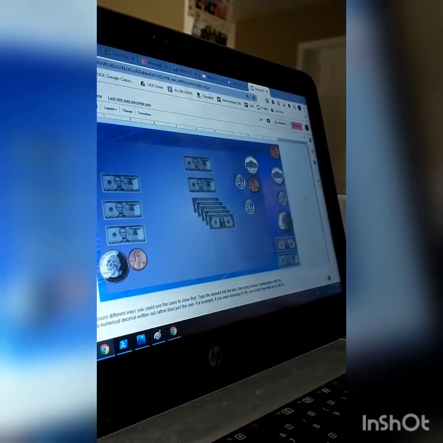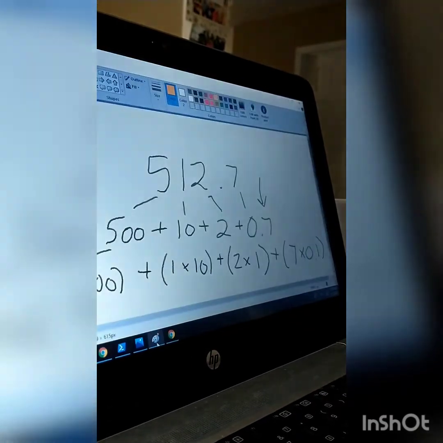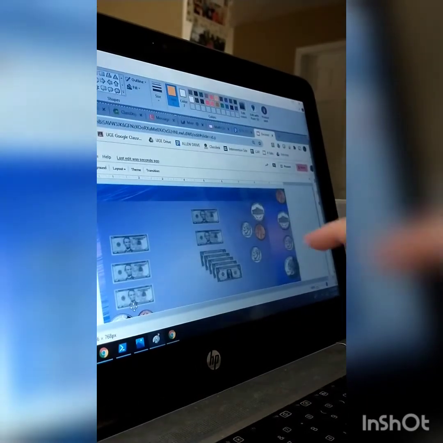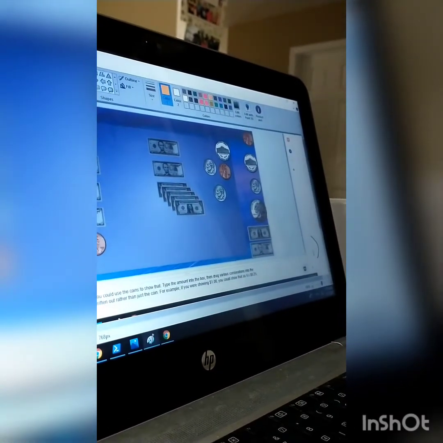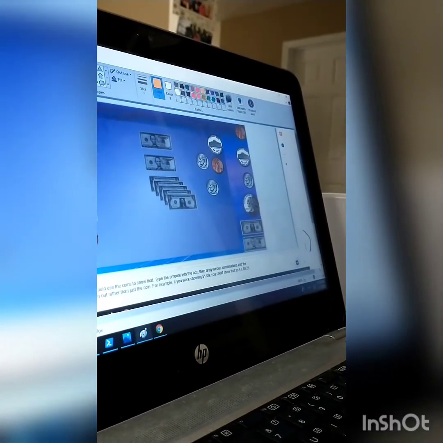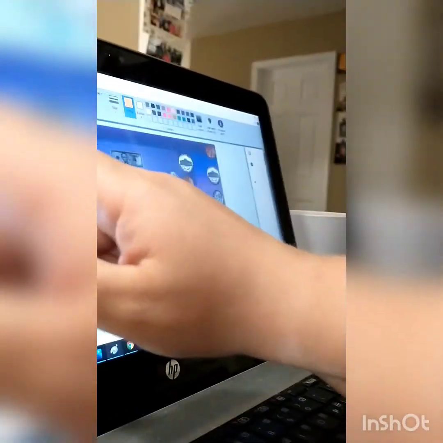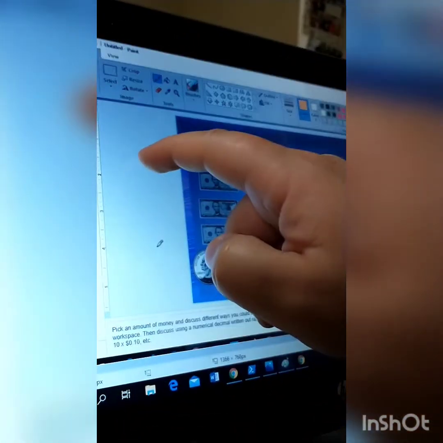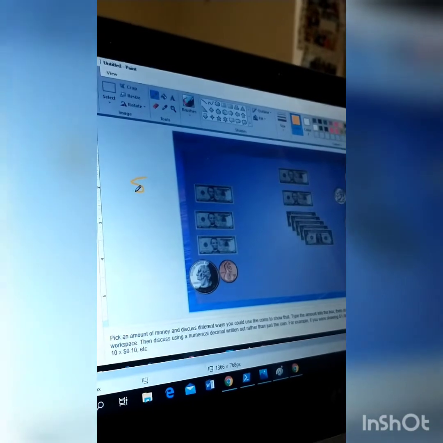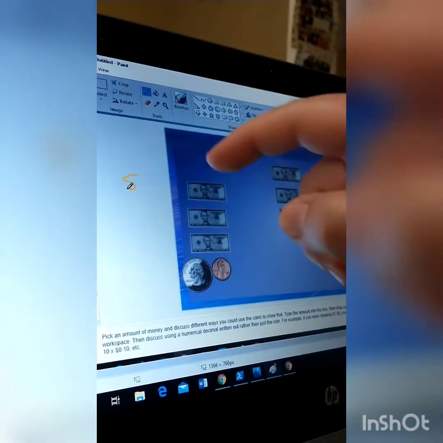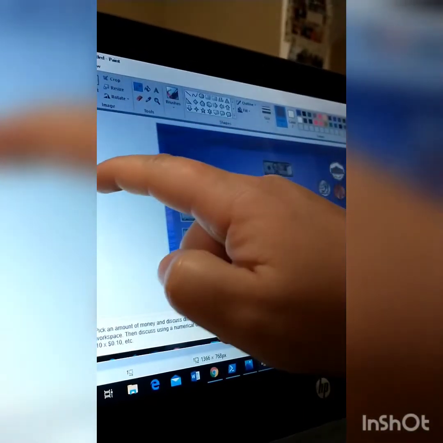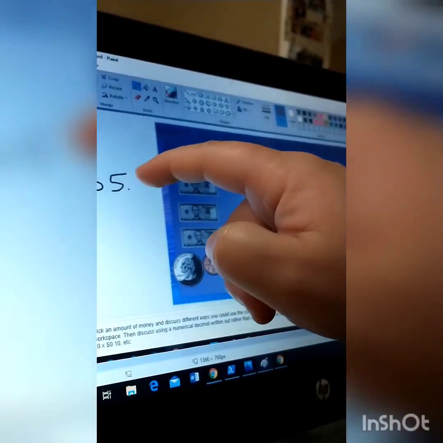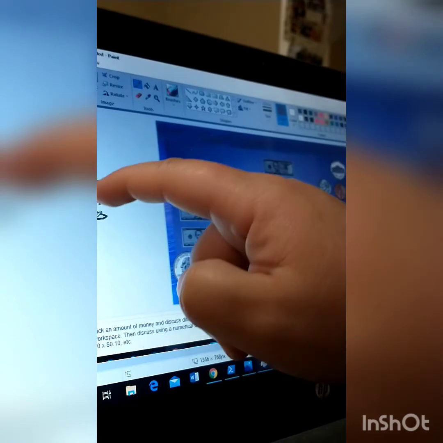So, I am now going to take this over to here so that I can write on it. Okay. And if you were to write the decimal amounts, here's how you write $5. Let me get a color other than yellow. $5.